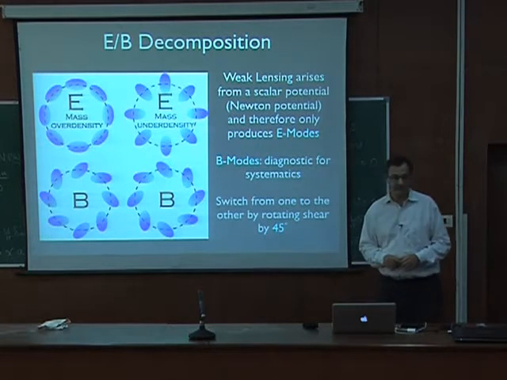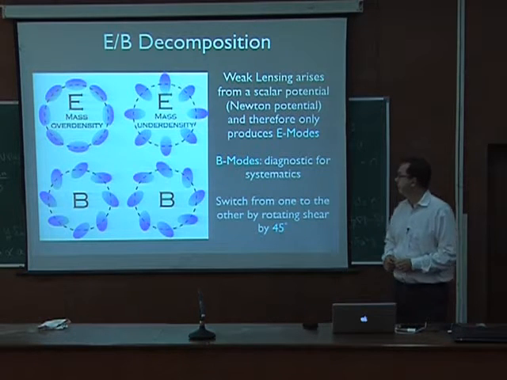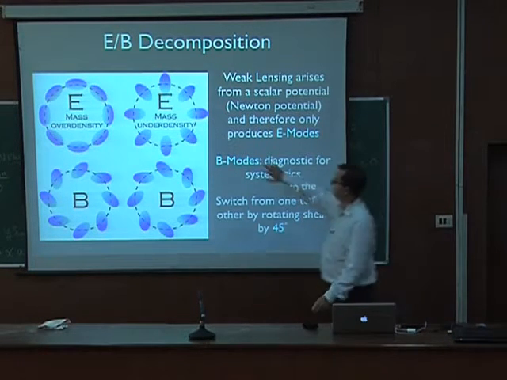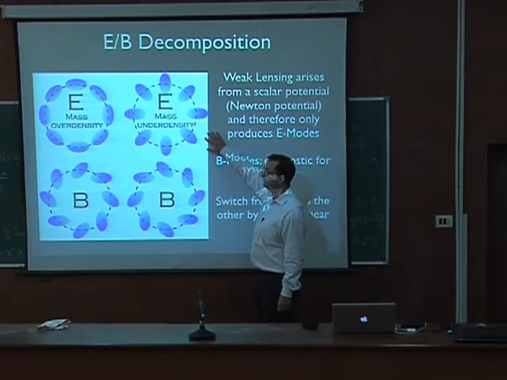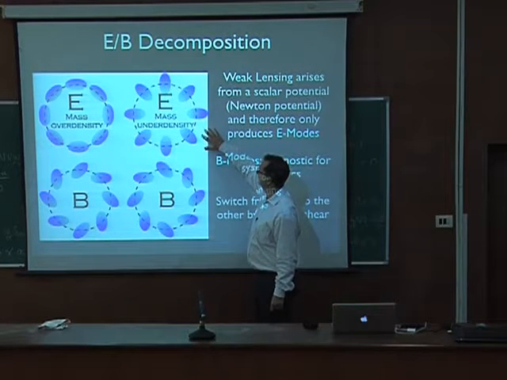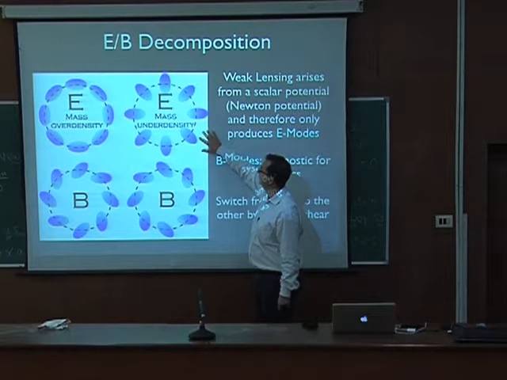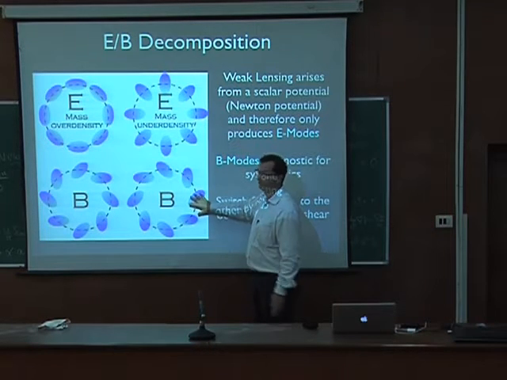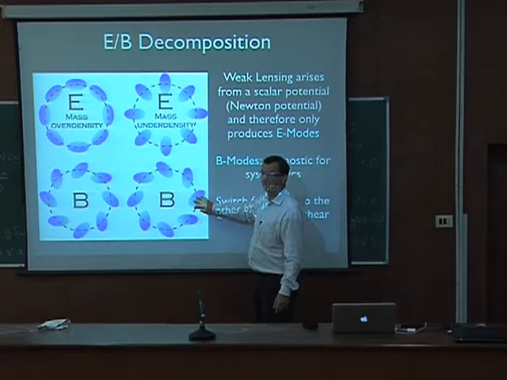Now, the reason this is very important is because it turns out that weak lensing only excites E modes. So at least to first order, lensing only produces E modes. It produces very, very small B modes at higher order, but that's negligible for most purposes.